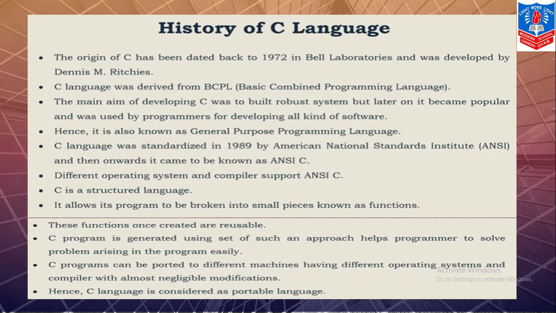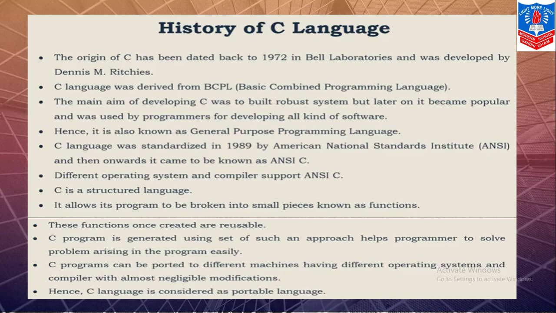C language was standardized in 1989 by the American National Standards Institute, that is ANSI. From then onward it came to be known as ANSI C. Different operating systems and compilers support ANSI C. C is a structured language, and it allows its program to be broken into small pieces known as functions. These functions, once created, are reusable.